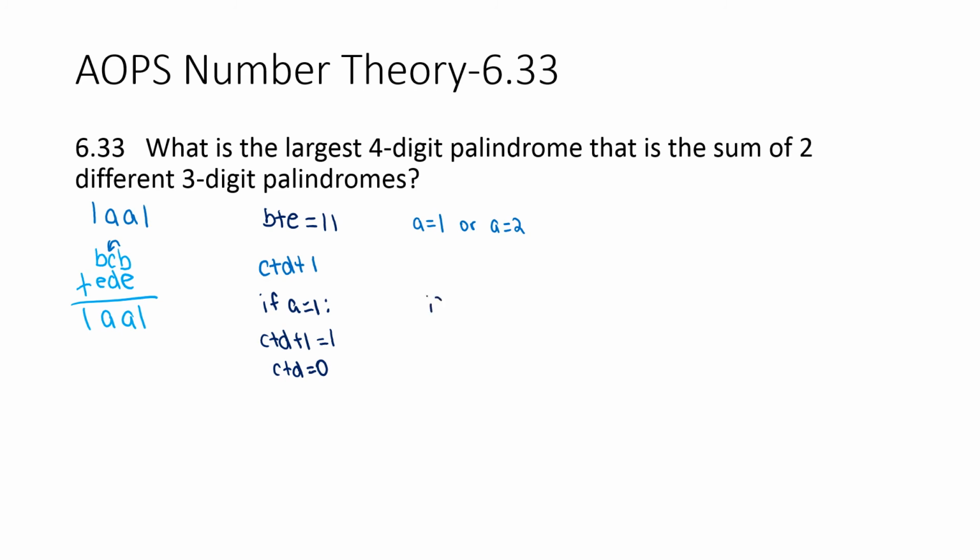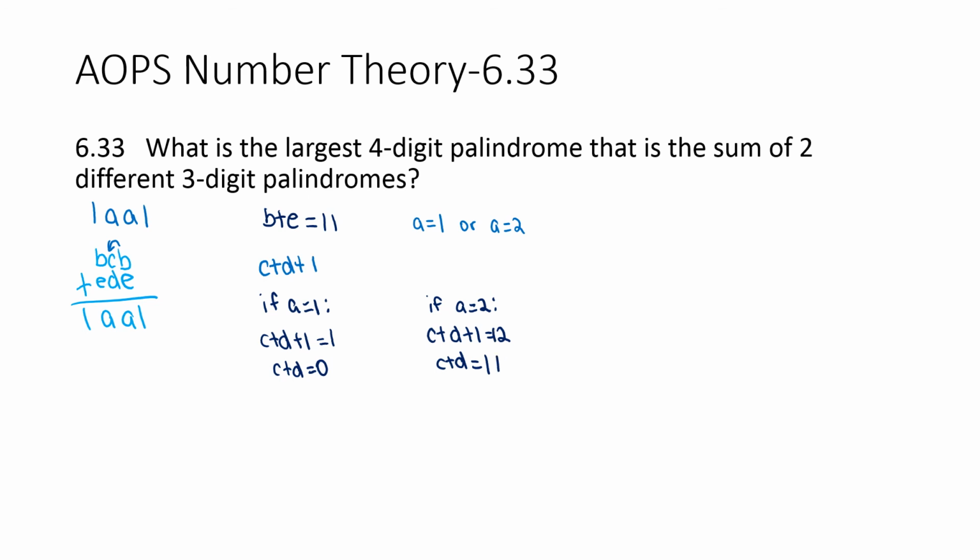And if A is equal to 2, that means C plus D plus 1 equals 2, or it can be equal to 12, but first test 2. So C plus D is equal to 1. But since if A is equal to 2, it has to carry over, then C plus D plus 1 isn't equal to 2, it is equal to 12. So C plus D is equal to 11.